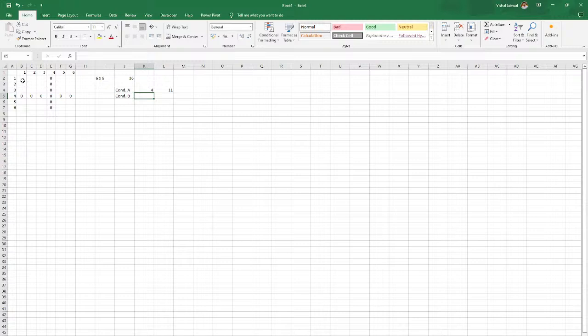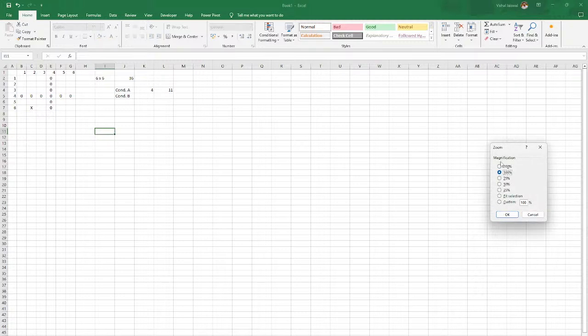In the same way, if you add 1 to any of these numbers, it's not going to be 8. You add 2 with 6, it is going to be an 8.